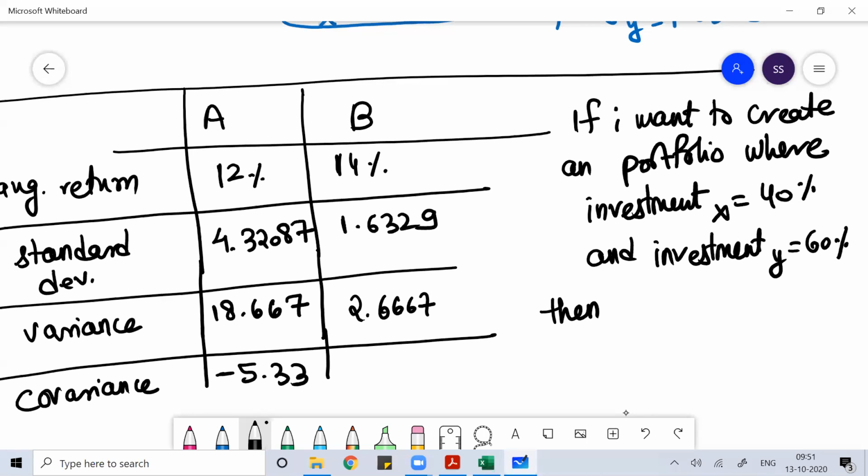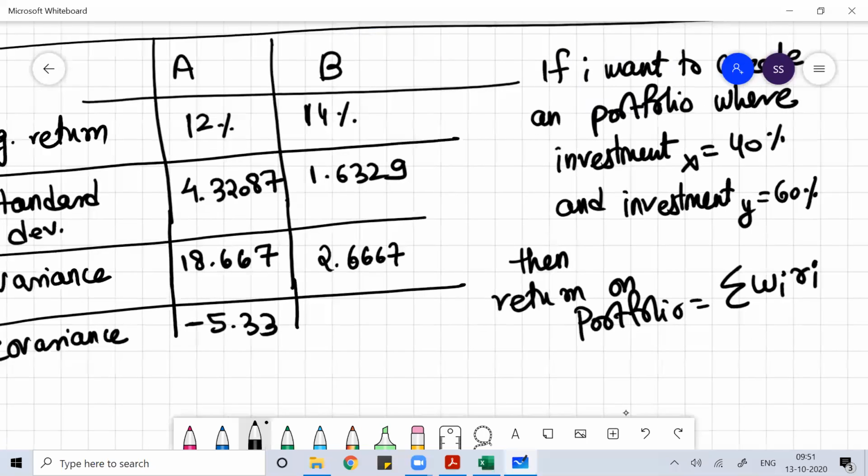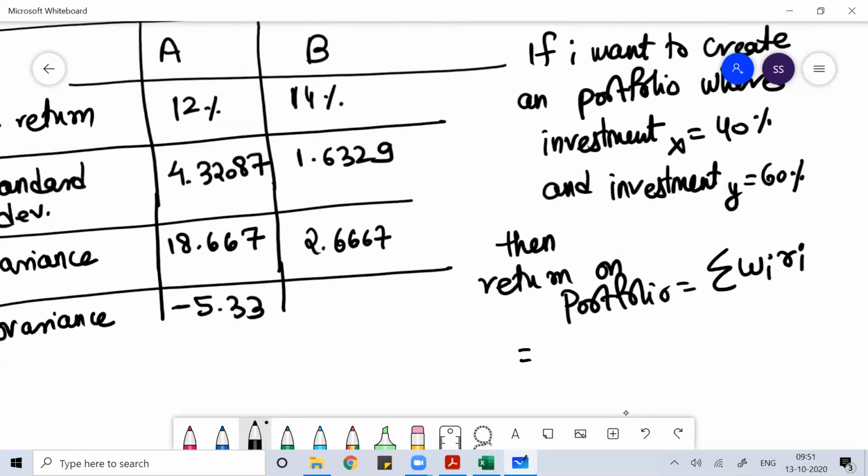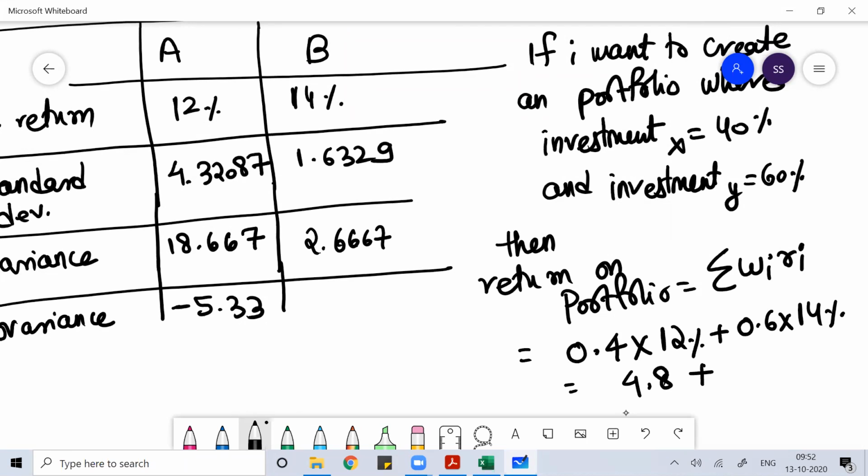The return on a portfolio is equal to the sum of Wi into Ri. So how much money you're putting on X, 0.4, and the return on X is 12%, plus how much you're putting on Y, 0.6, and the return on Y is 14%. 12 fours are 48, plus 14 sixes are 84.